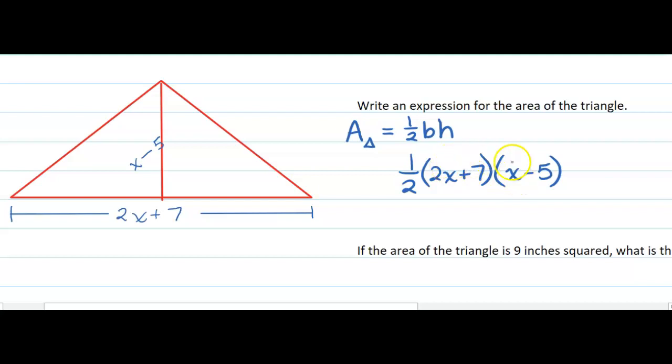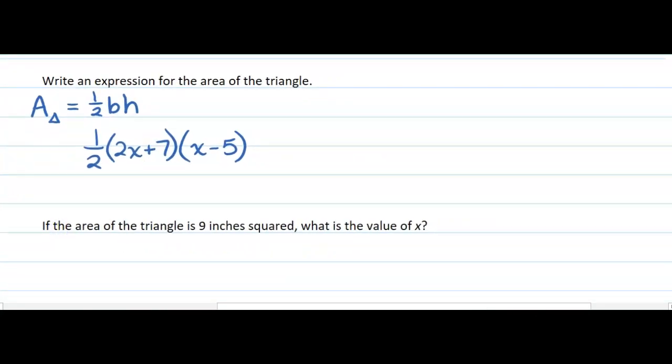Again, I need to use the box method or FOIL to multiply these two binomials. And after I do that, I would end up with 2x squared minus 3x plus 2.